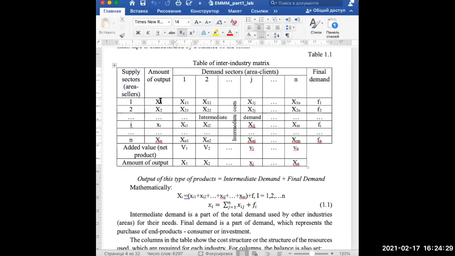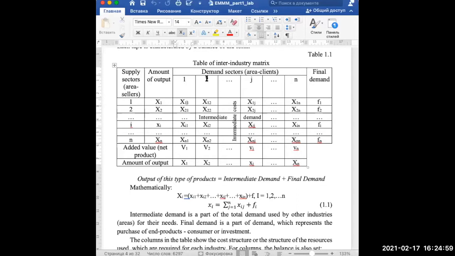So this amount of output can be delivered to different kinds of other branches and to final consumers. Final consumers we can also call final demand, because final demand is caused by final consumers.